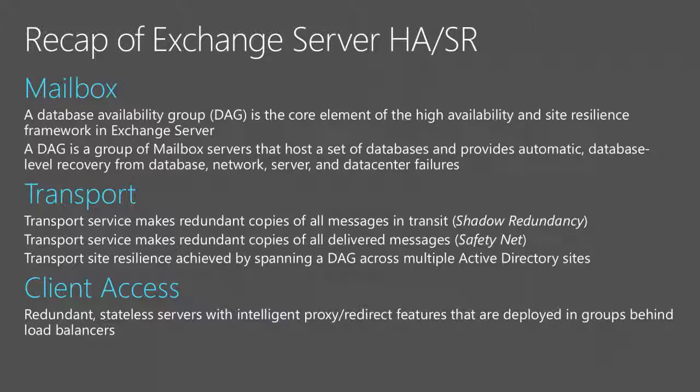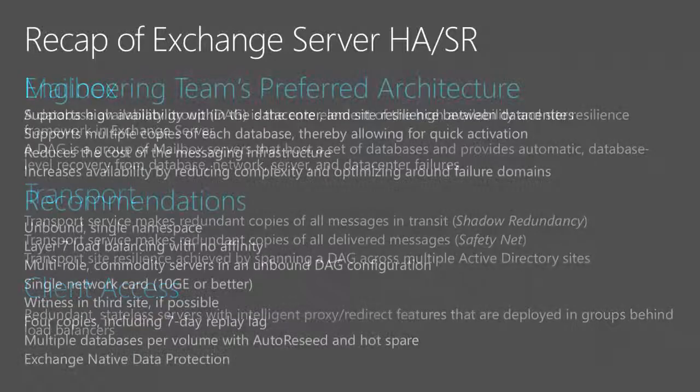And if your DAG is extended to multiple sites, it will do that in both sites for you automatically. Again, all that happens transparently through features like shadow redundancy and safety net. And then the client access high availability, well, that's just achieved through a redundant set of stateless servers that have intelligent proxy capabilities and sit behind a bunch of load balancers. It's a pretty simple story there for the client access front end.